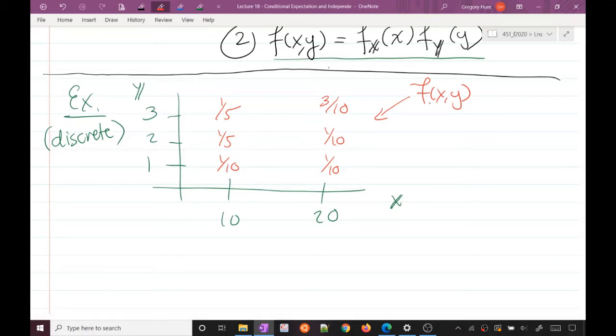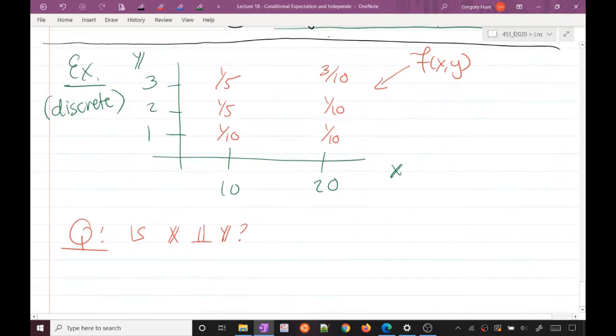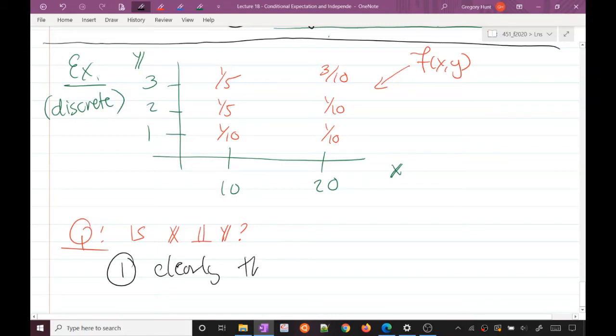And so the question, this would be a good homework or exam question, is x independent of y? So what do we have to verify? One, clearly the support is a rectangle, or a product space if you want to be fancy.